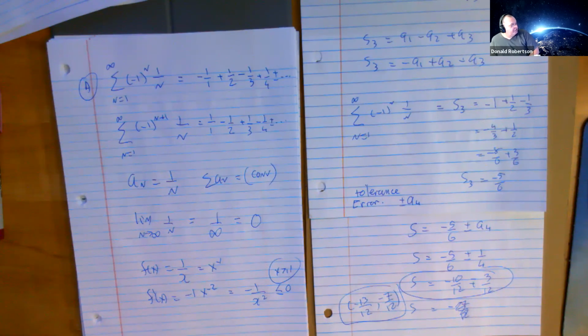Would you agree, at least for an alternating series test, I can give you some clue to what it adds up to? Now, if I did S5, right, I added the first 5 terms together, wouldn't the tolerance be plus or minus A6, the next term that I didn't use? Great. Suppose I wanted to know the answer to 100 decimal places.